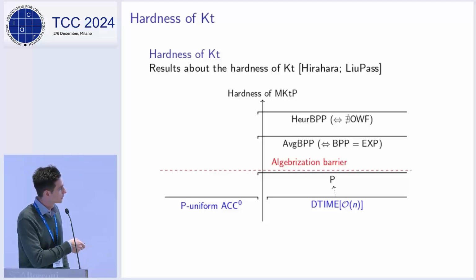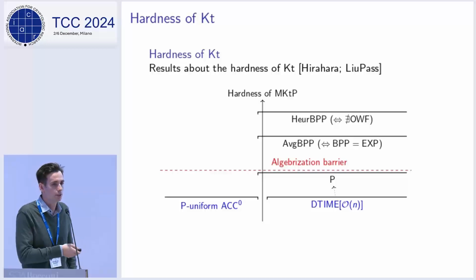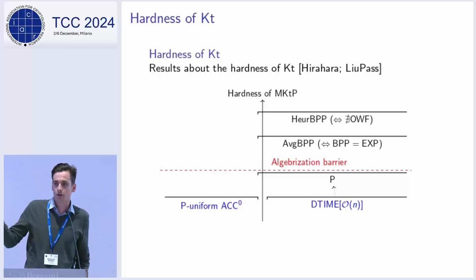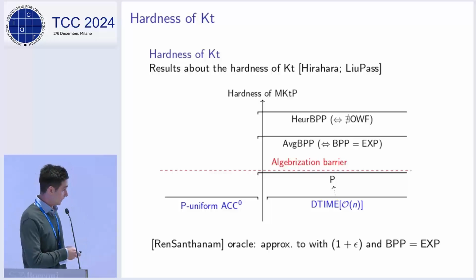So I'm going to plant the question here: can we increase this to exclude P? And notably here, P is below this algebraization barrier. So even if we show that MKTP is not in P, there's no major consequence of that.